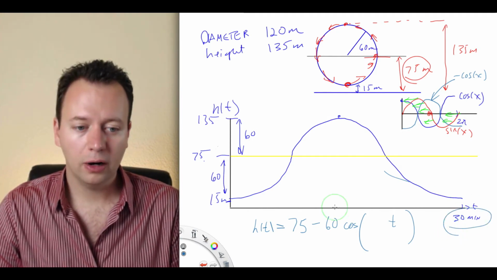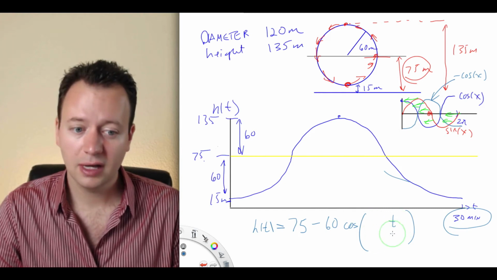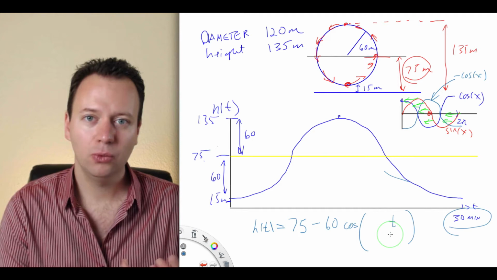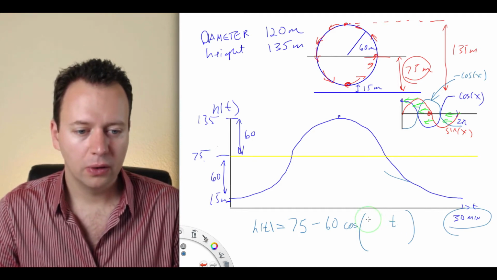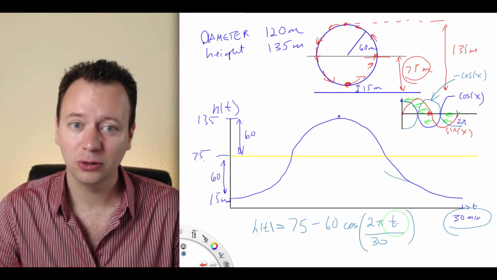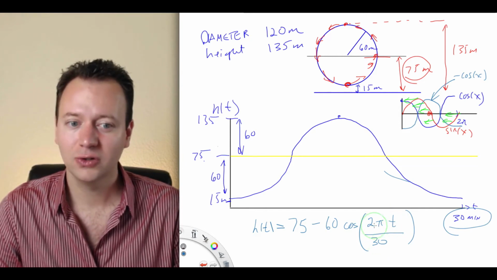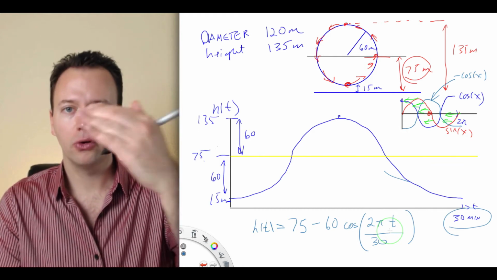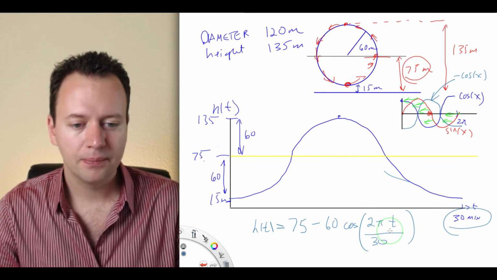So the argument of the cosine function has to increment by 2 pi when t reaches 30. So 2 pi over 30. That way when t is equal to 30, 30 over 30 cancels and you just get 2 pi. You've made your first revolution on the Ferris wheel. You've gone one exact period.